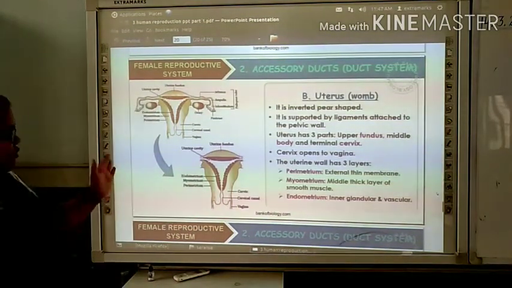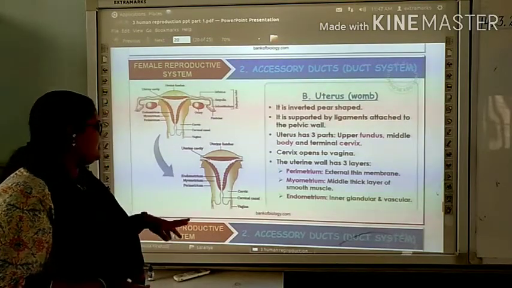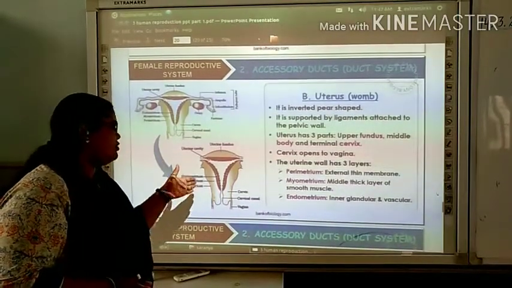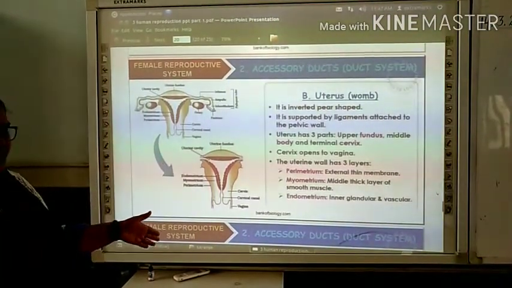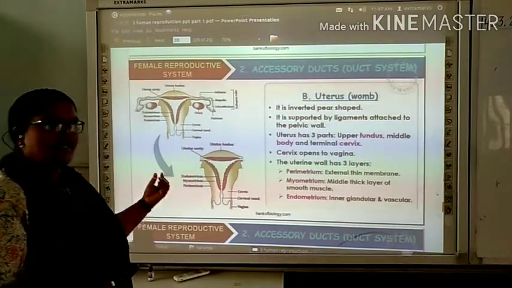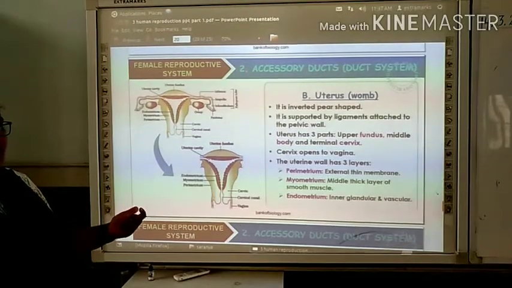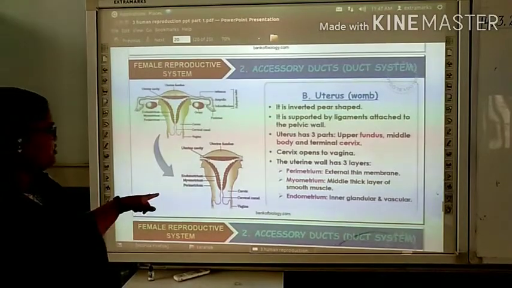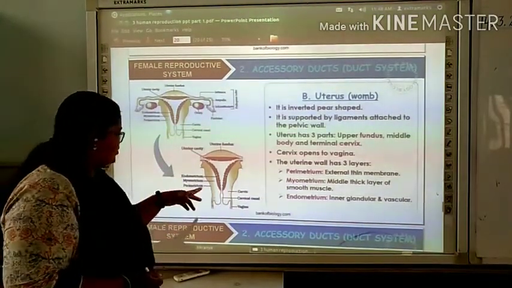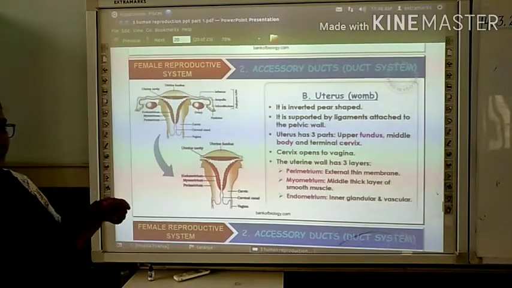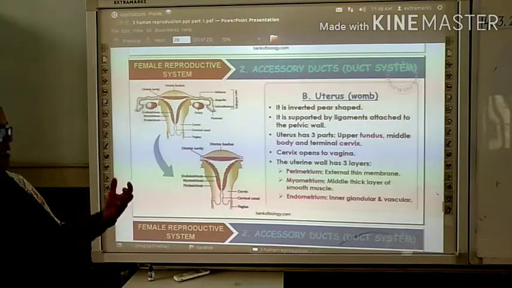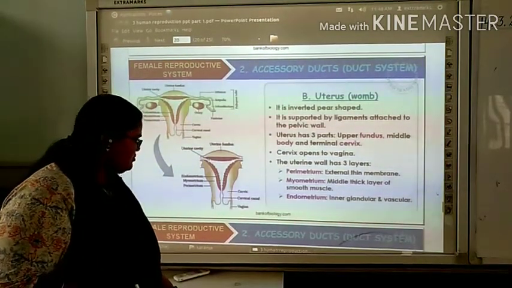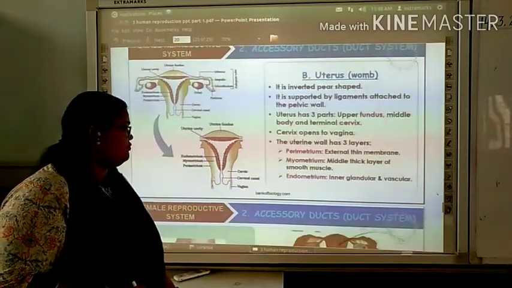If you check the uterine wall, that is also divided into three parts. Three parts of the uterine wall.